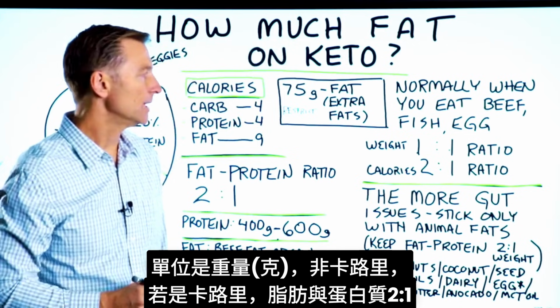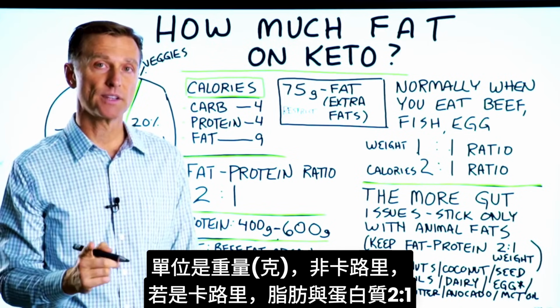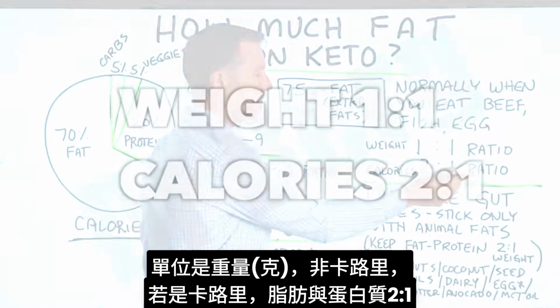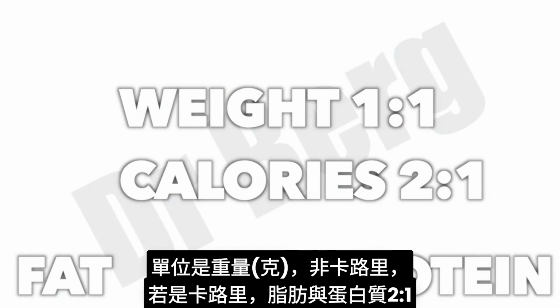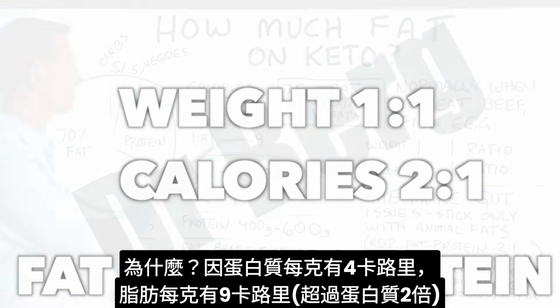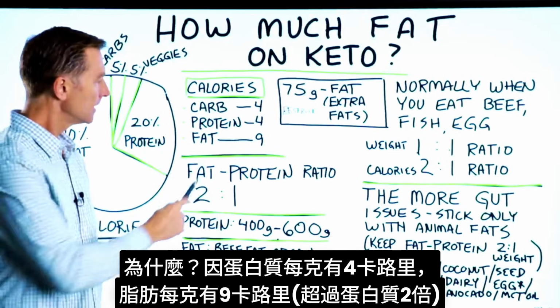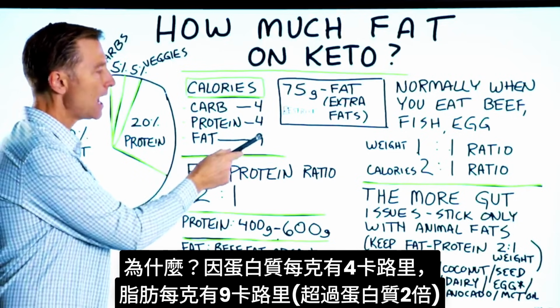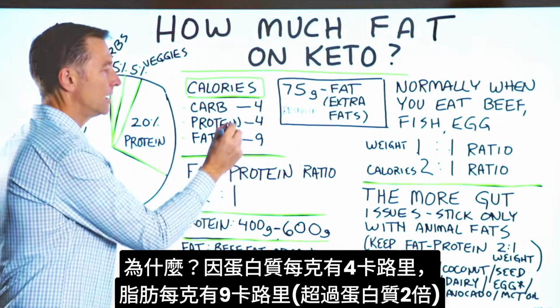Now, I'm talking about in weight, in grams, not calories. In calories, it's usually 2 to 1, fat being a little more than double the calories to protein. Why? Because of this. Protein has 4 calories per gram, and fat has 9 calories per gram. So this is more than twice protein.